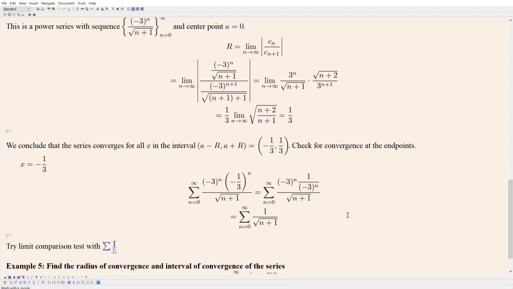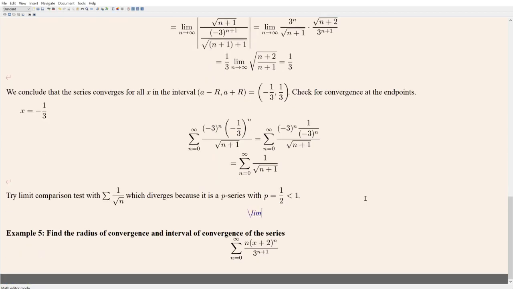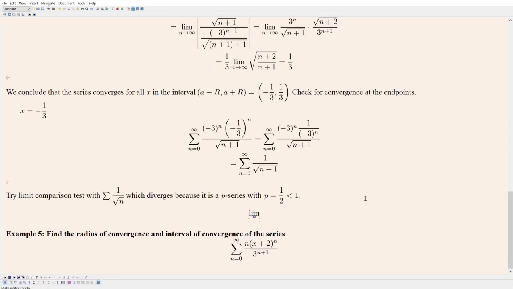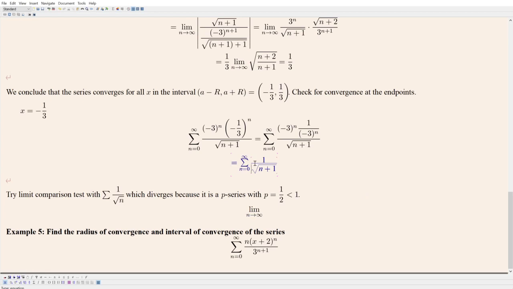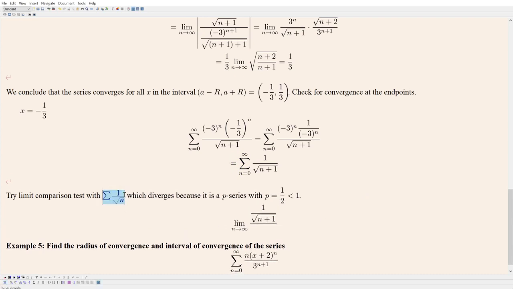So compare it to the p-series, the divergent p-series with p less than 1. Okay, so limit comparison test. So we are taking the limit of another ratio, but this time in quite a different context. So this divided by this.